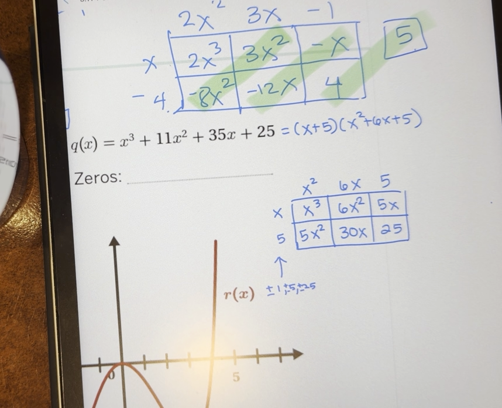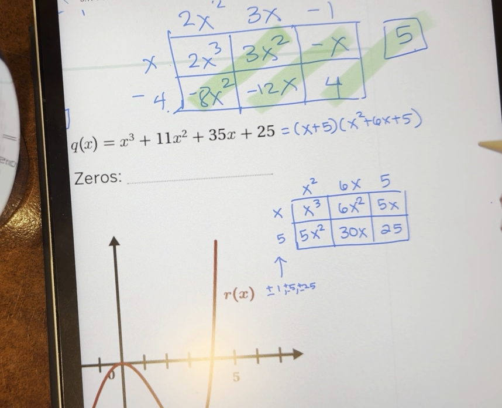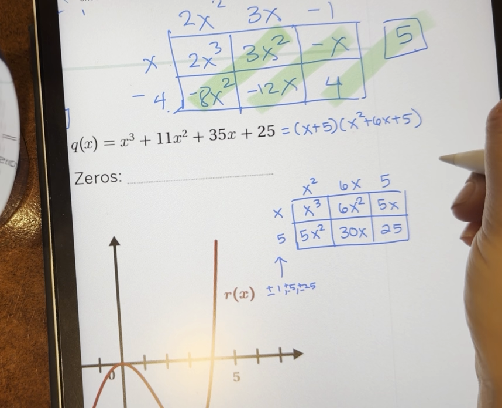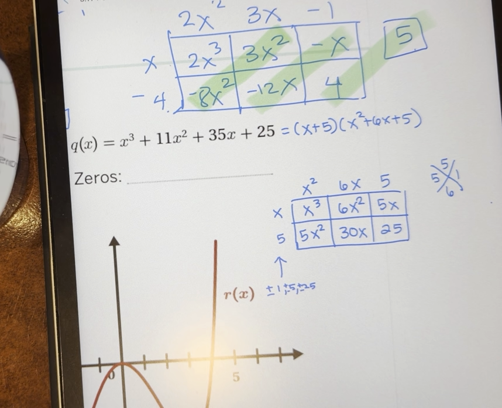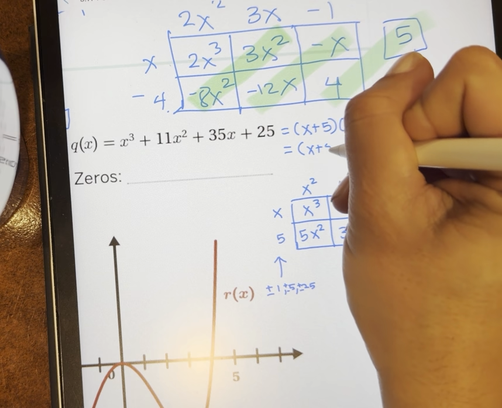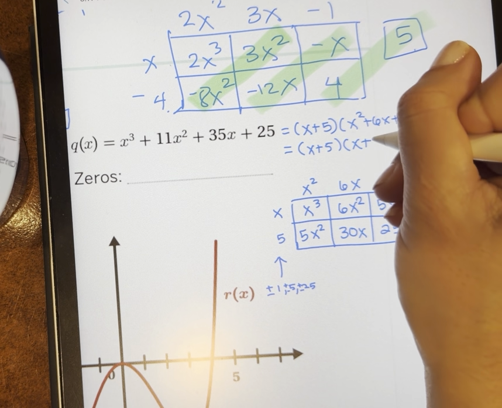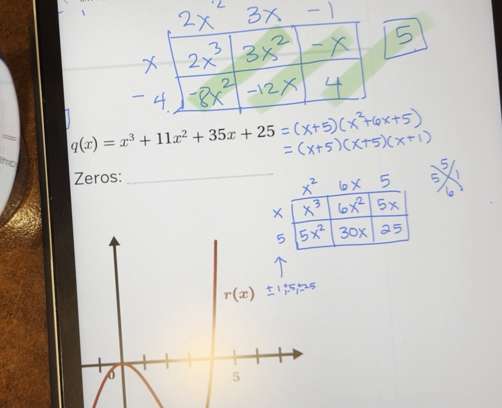And then this is a quadratic, x squared plus 6x plus 5, that I can attempt to factor as long as I can find 2 numbers that multiply to 5 and add to 6. And that's 5 and 1, which means that this is x plus 5, another x plus 5, and an x plus 1.